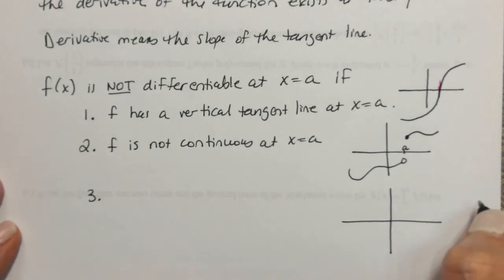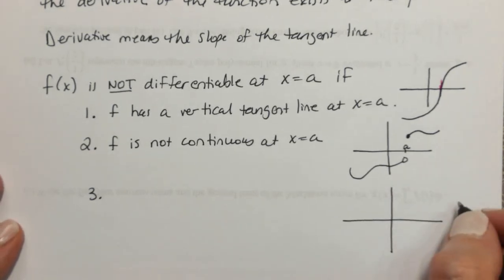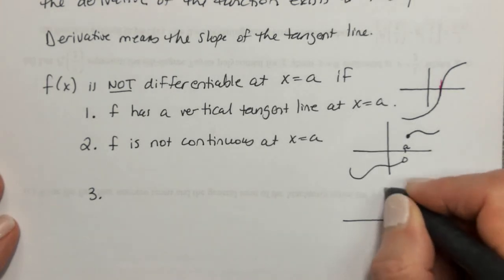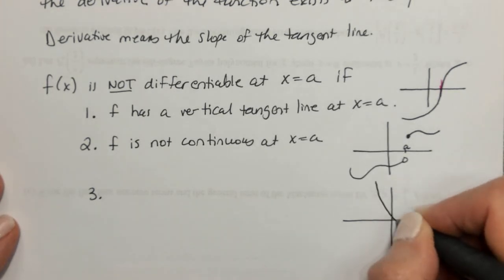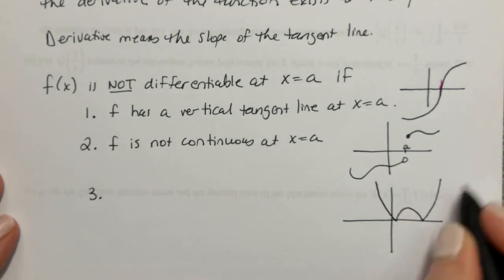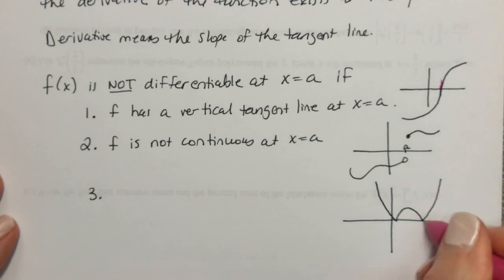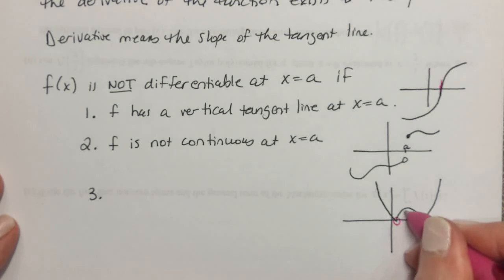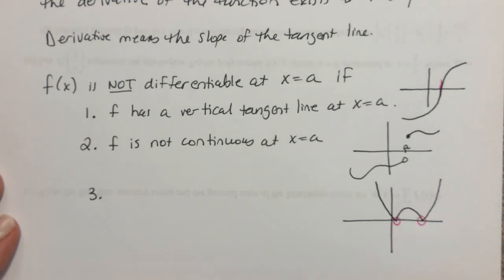I like to think of an absolute value function. We've had some absolute value functions that do this, where they flip in the middle. This right here is called a cusp. The slope from the left is not equal to the slope from the right.